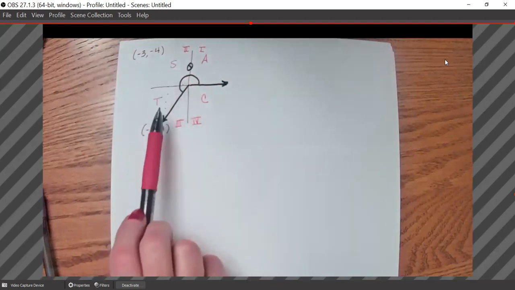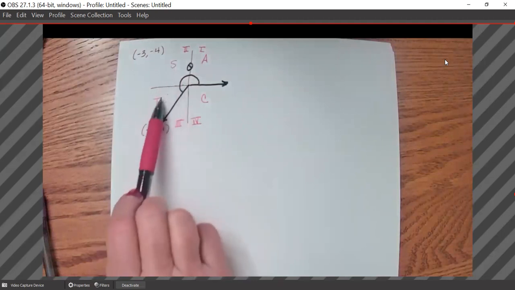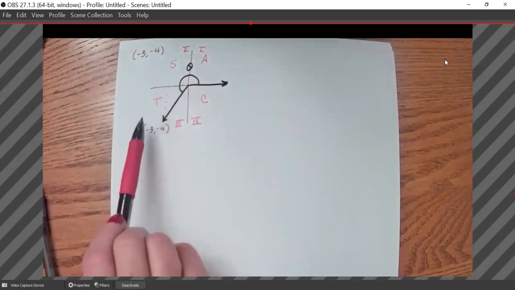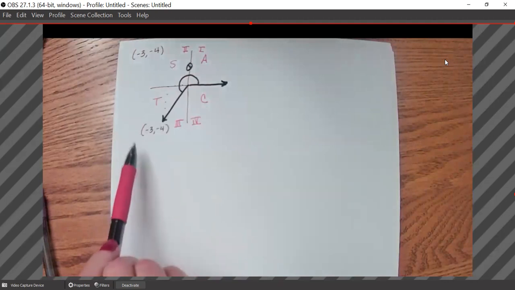In the third quadrant, tan is positive. S stands for sine, C stands for cosine, and T stands for tan. So in the third quadrant, tan is positive. The others are negative. And in the fourth quadrant, cosine is positive.